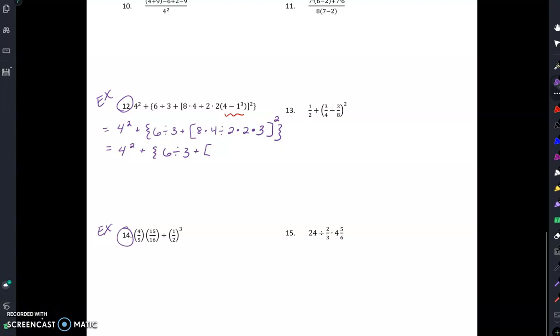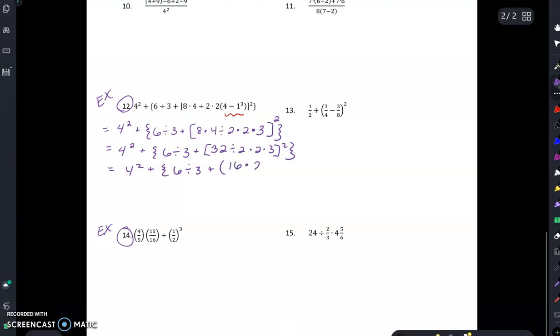Okay, so now we're going to go over here and work on the 8 times 4 would be 32, then divided by 2 times 2 times 3 squared. And then again, bring things down. And at any point I can change brackets to parentheses because they're easier to write. 32 divided by 2 would be 16 times the 2 times the 3 squared.